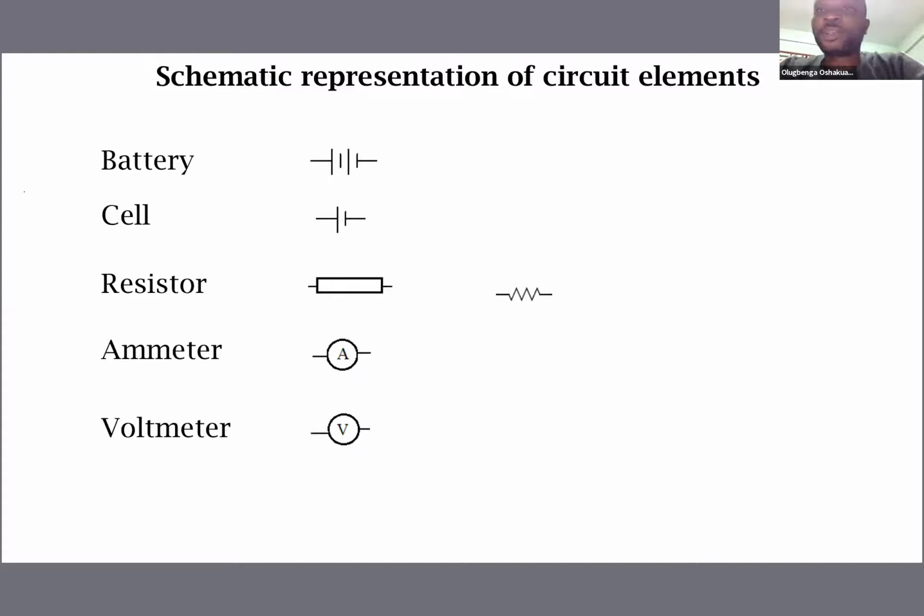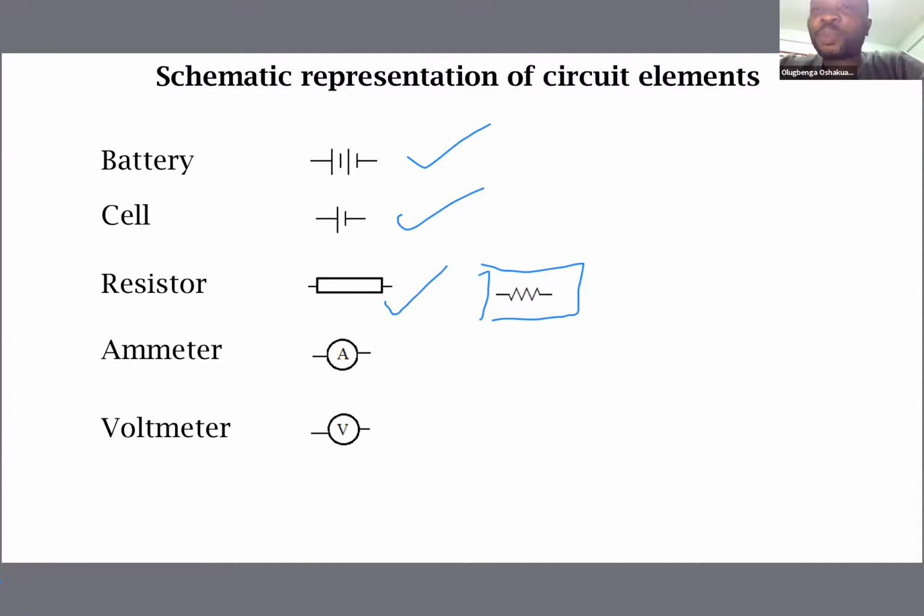So the basic circuit elements we'll be using for now in this class will be the battery and the cell. Cell is just a smaller unit of the battery. Combination of cells gives a battery. We've seen resistors. Another way to represent a resistor is the zigzag line.